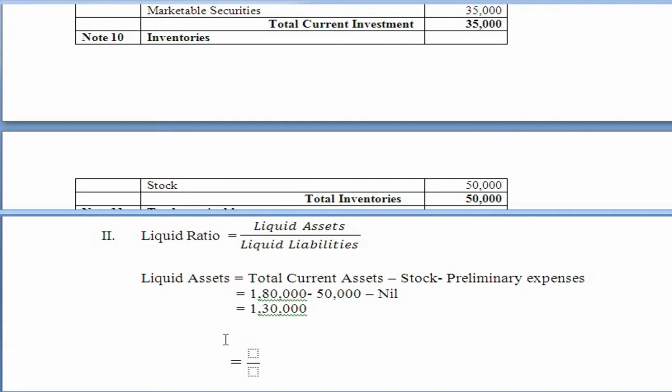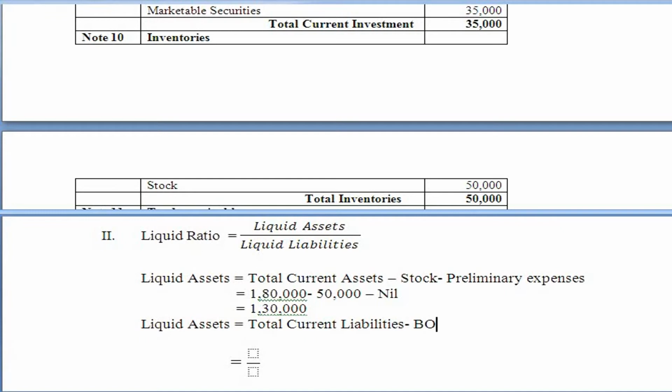Next we need to find out the liquid liabilities. Liquid liabilities is nothing but all current liabilities except bank overdraft. So right here, total current liabilities minus bank overdraft.